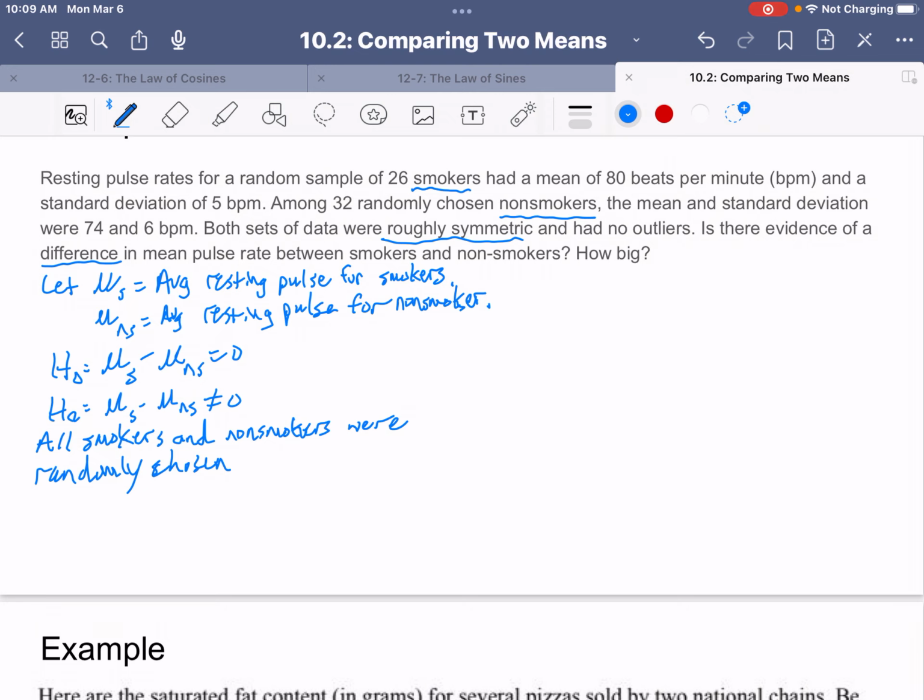Okay, what else do we want to say? 26 smokers, less than 10% of smokers, and 32 non-smokers, less than 10% of non-smokers.